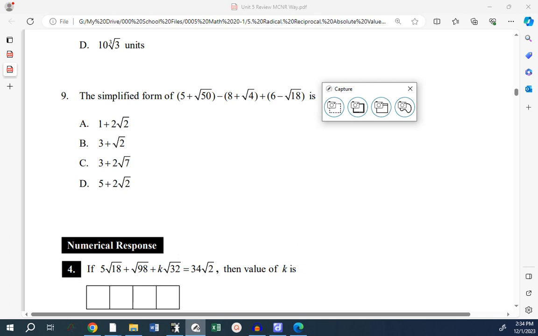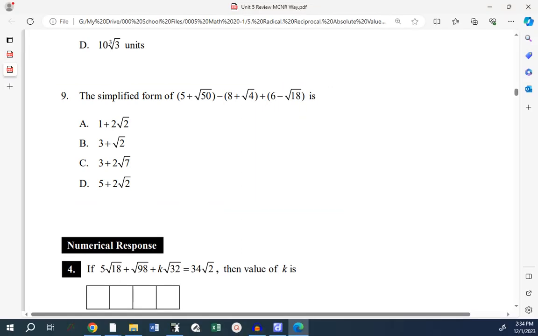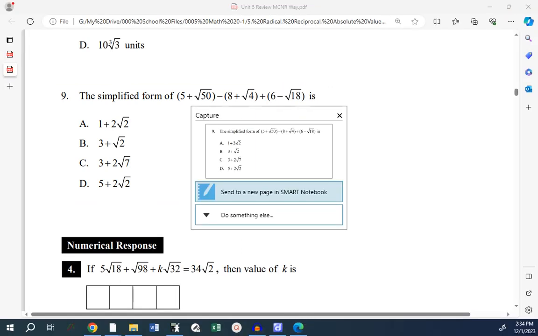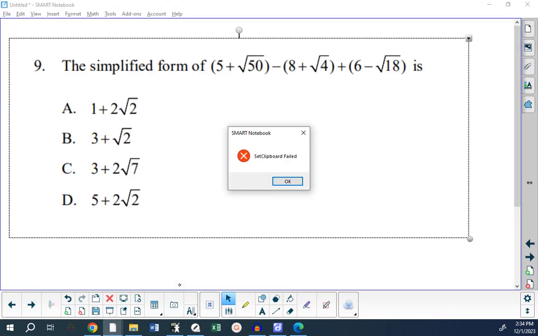The thing about number 9 that makes it a little confusing is all of those extra brackets, and I'm not quite sure why they're there, but I guess it's trying to communicate to you that you're adding these binomials together. You're adding 5 plus root 50, and you're subtracting 8 plus root 4, and you're adding 6 plus root 18.